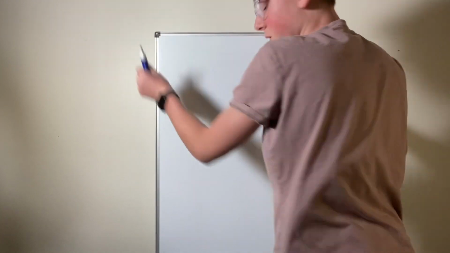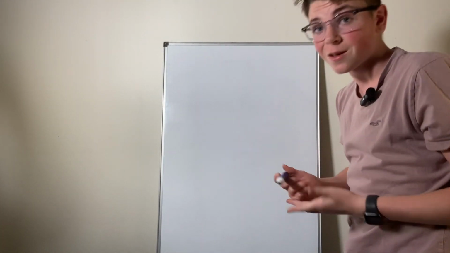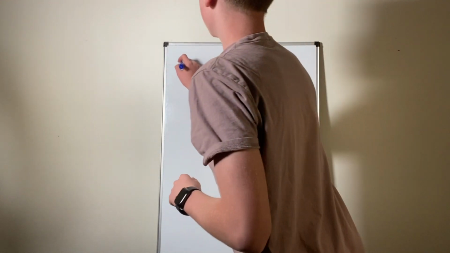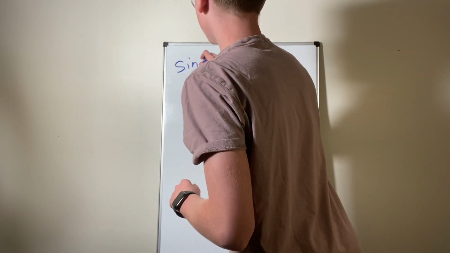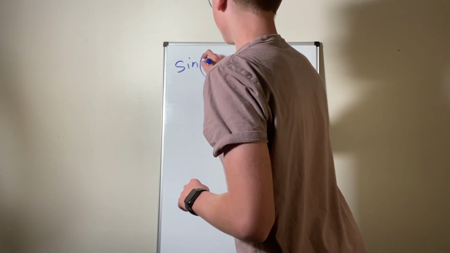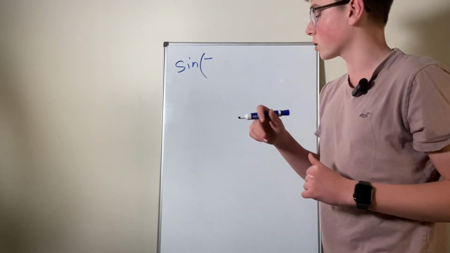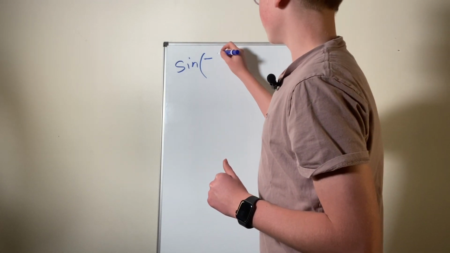So let's just make a new one. New problem. Fun. Let's just do sine because it's fun. Sine of, we're going to put a negative here. So you have to be able to go backwards. You're going to go clockwise instead of counterclockwise.